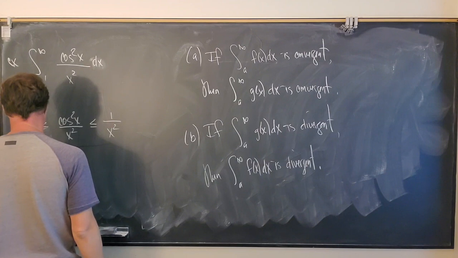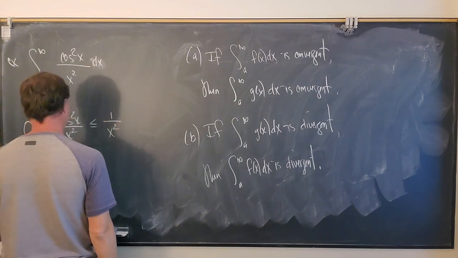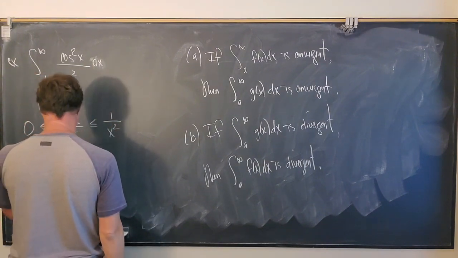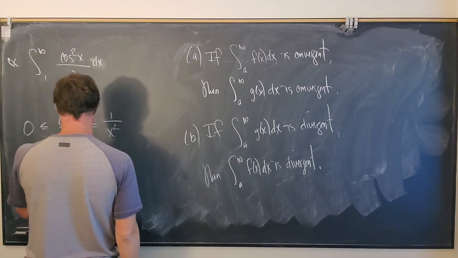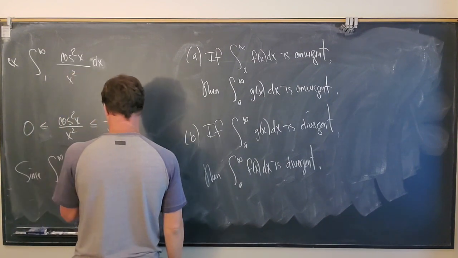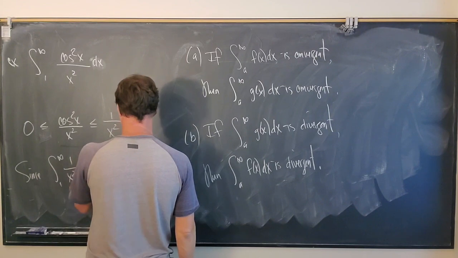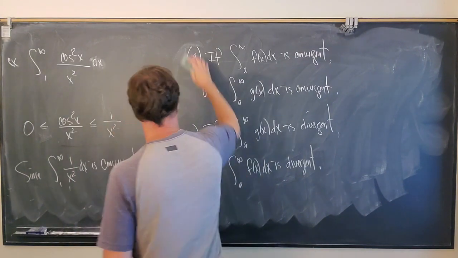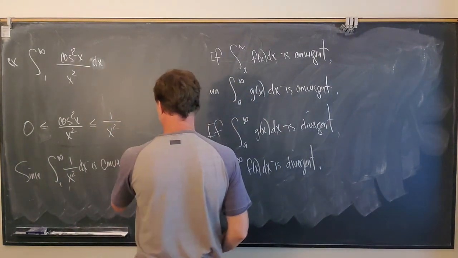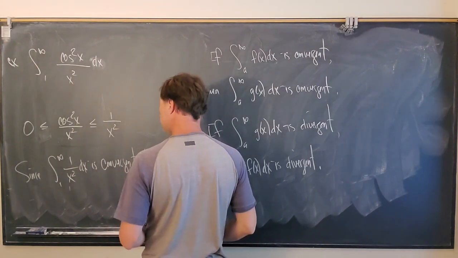And then we can say, since the integral from 1 to infinity of 1 over x squared dx is convergent. How do I know that? Well, by the p-test, p equals 2.